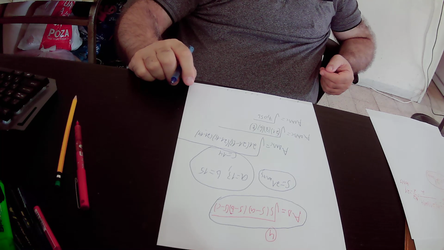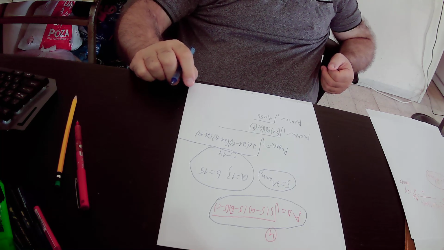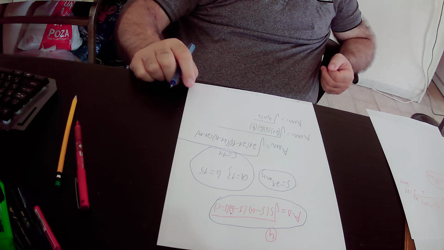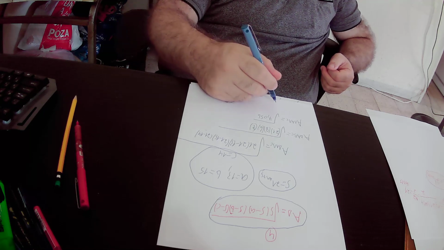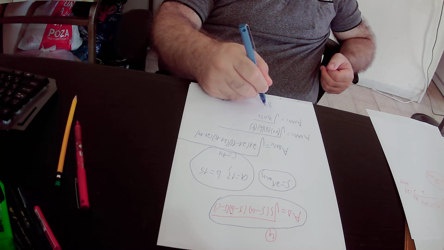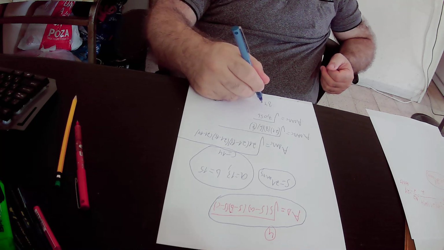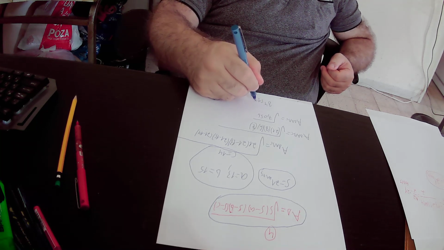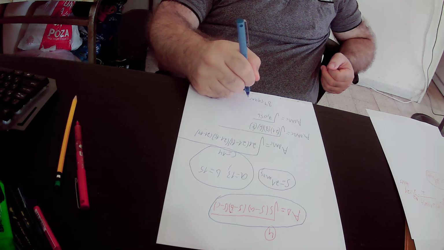The root of 7056 equals 84 square units.